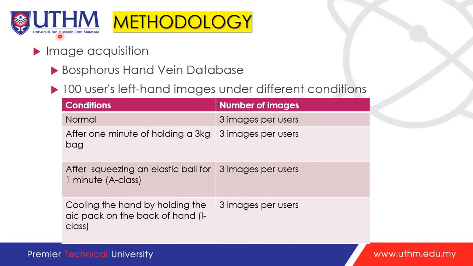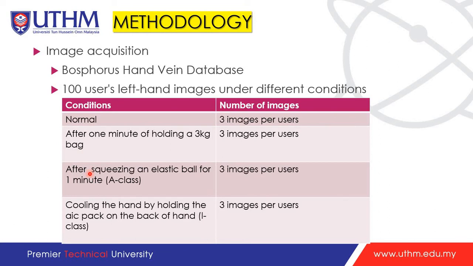Then for the first stage, which is image acquisition, the images were acquired from the dorsal hand database, which consists of 100 users' left-hand images under 4 different conditions. The first is the normal condition. The second is after 1 minute of holding a 3 kg bag.